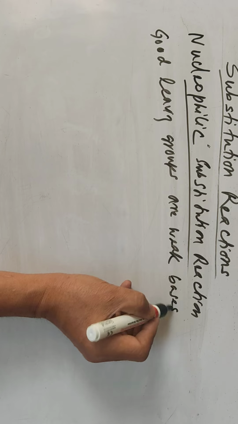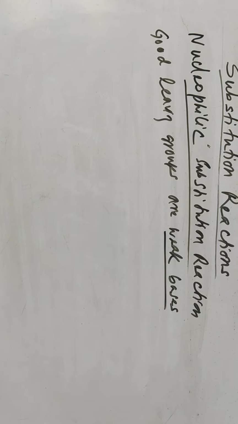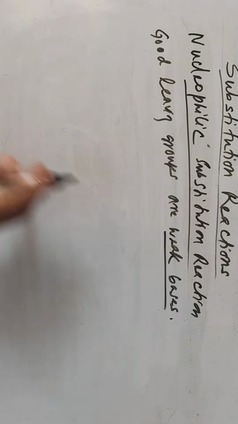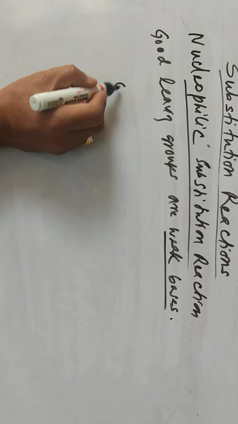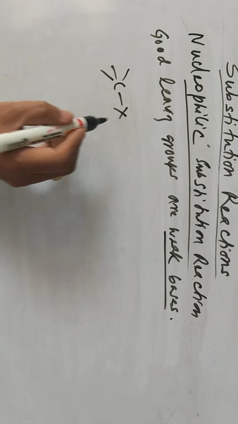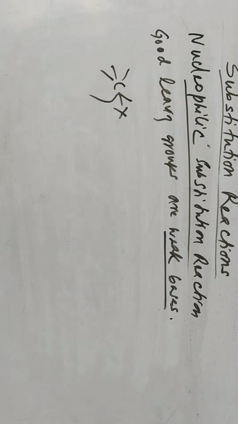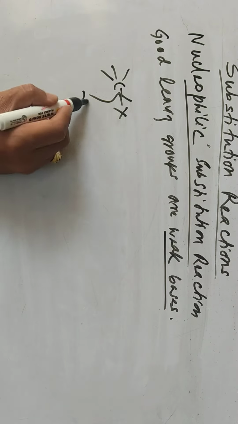If the leaving groups are very weak bases, then the reaction takes place very well. For a substitution to take place, the bond between the carbon and the heteroatom has to break. X is the leaving group.